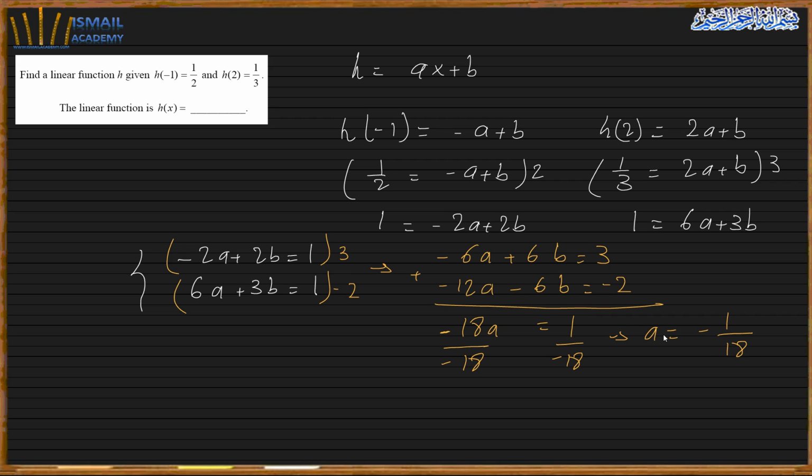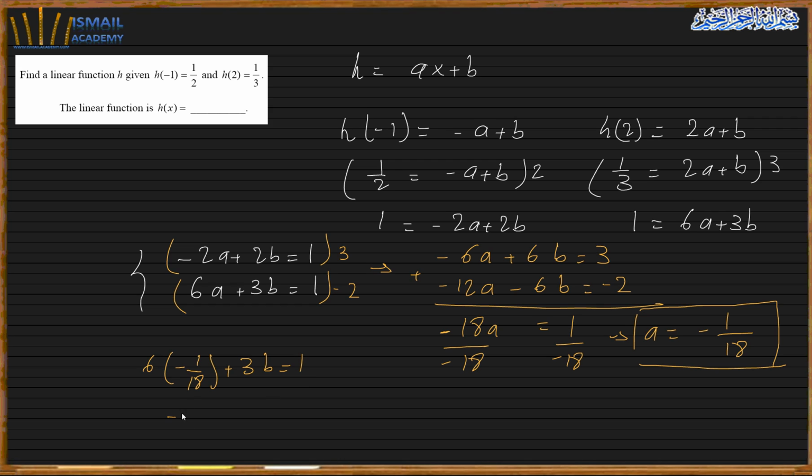So this is the first answer. Now what I do next, I substitute this into one of the equations. It's better for me to substitute here, because in that case I will have no problem with the fraction. So it's going to be 6 times minus 1 over 18 plus 3b equals 1.